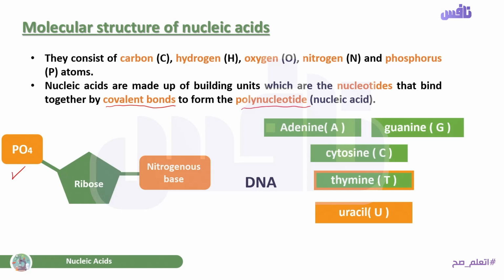First, we have adenine, which we denote by the symbol A. The second one is guanine, which we take as G. The third one is cytosine, we also take the first letter, so C. The fourth is thymine, we take the first letter, so T. So I have 4 different types of nitrogenous base: adenine, guanine, cytosine and thymine.